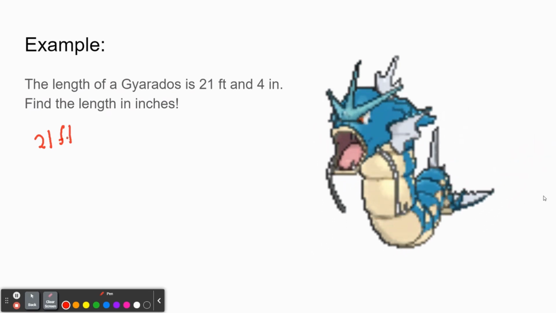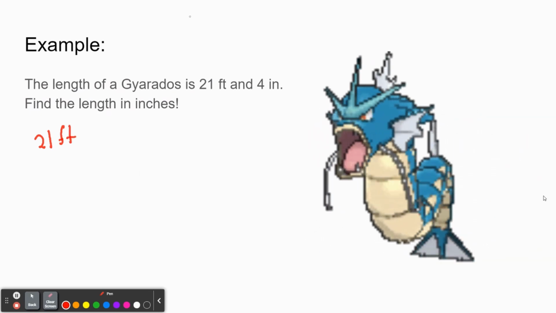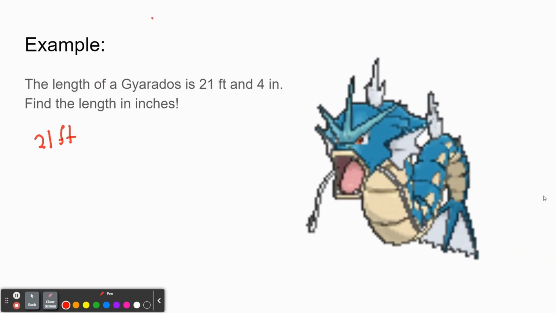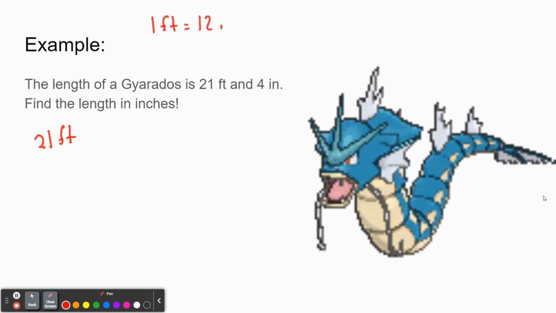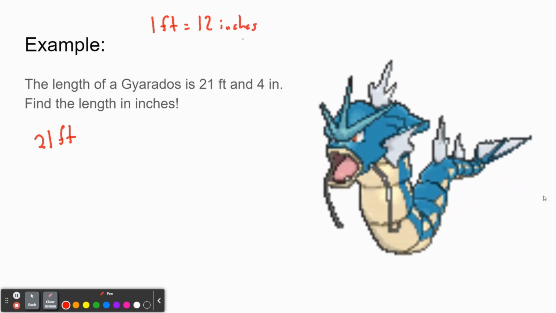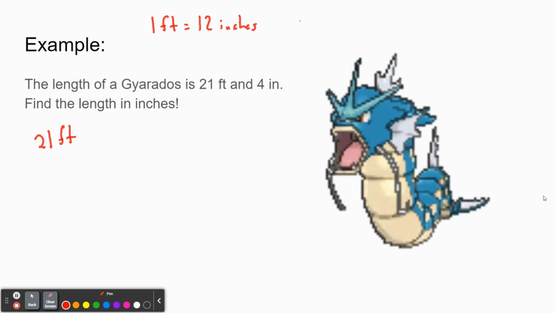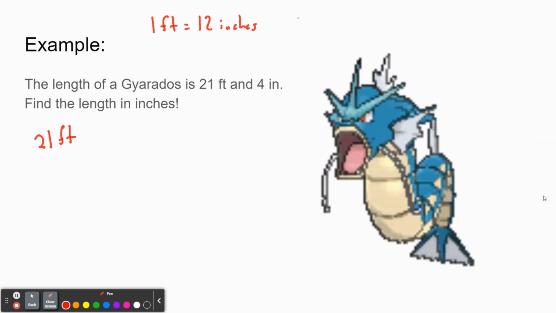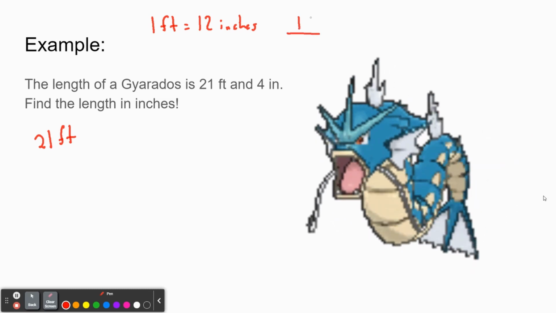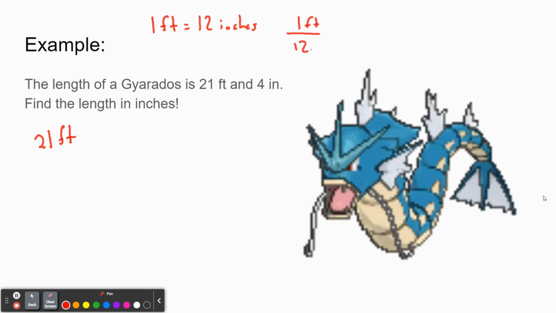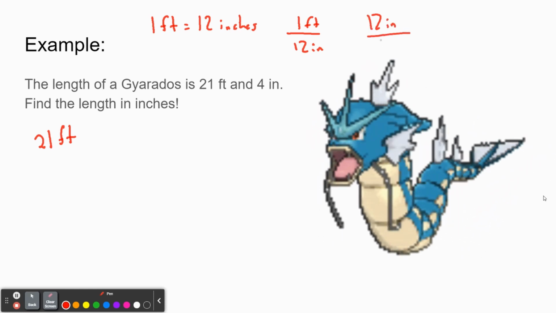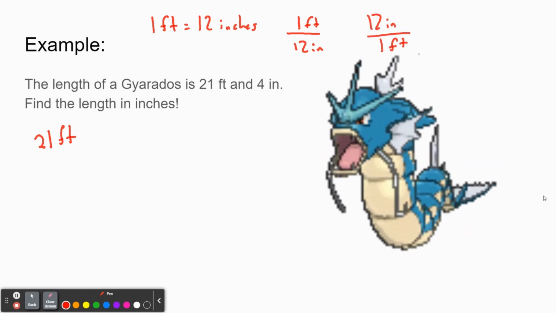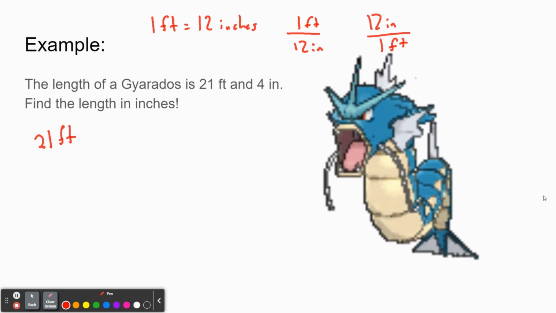Okay? We know from our table previously that there should be in 1 foot 12 inches. Since, of course, we've been working with rates and ratios, we can also write this as either 1 foot over 12 inches or 12 inches over 1 foot, depending on how you would prefer.